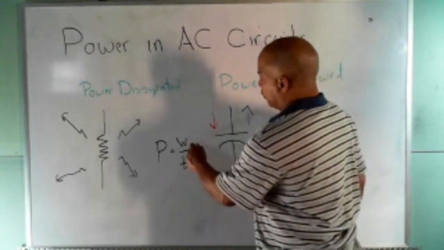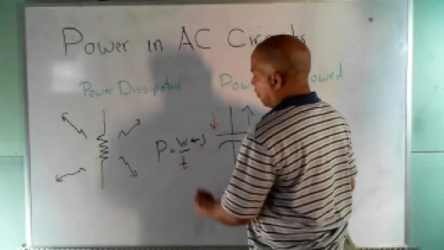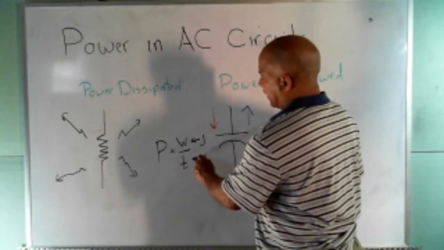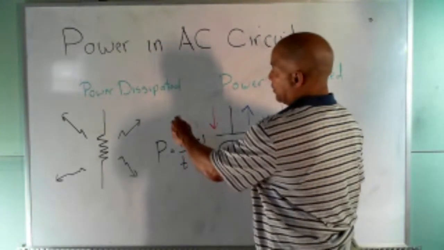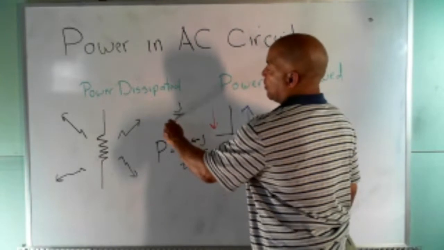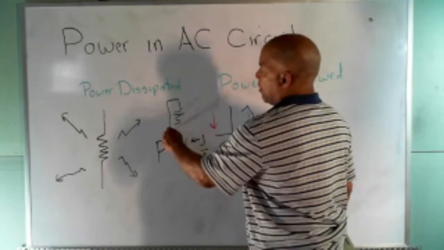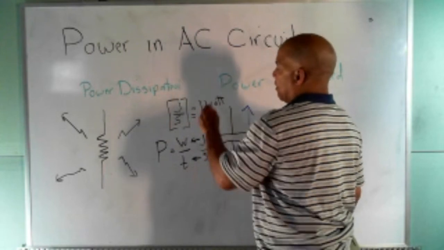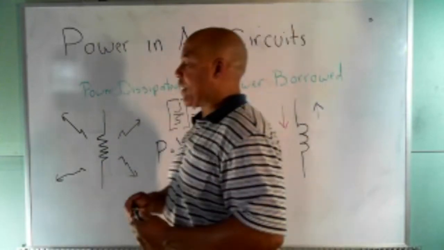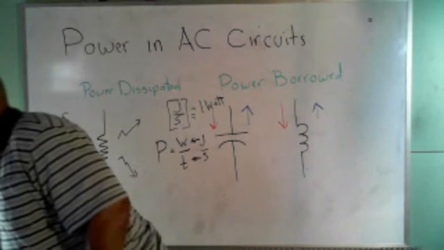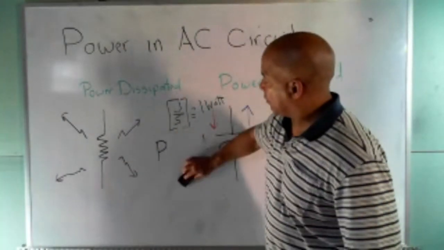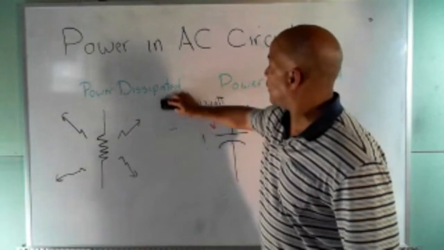Work or energy is measured in joules, and time is in seconds. So power is joules per second, and we named that a watt. We did power calculations based on Watt's law: P equals V times I, and the other various forms of Watt's law in DC circuits.